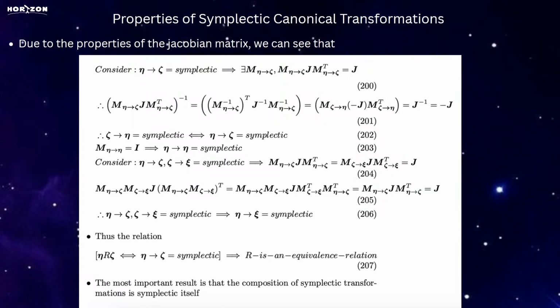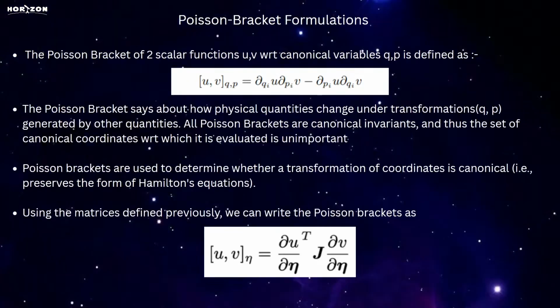It turns out that the final transformation from the coordinate system eta to the final coordinate system is also symplectic in nature. So this is an equivalence relation. If you know about transitive properties in sets, it's an analogy here: if A to B is transitive and B to C is transitive, then A to C is transitive. It's just an analogy, which is kind of interesting.